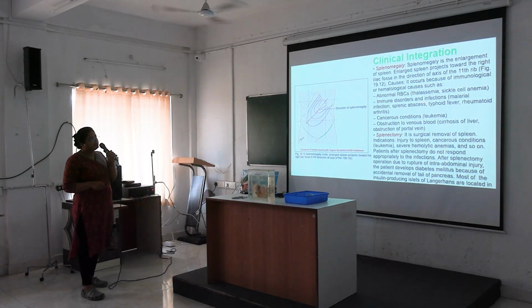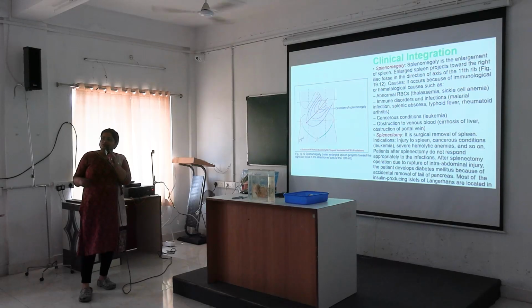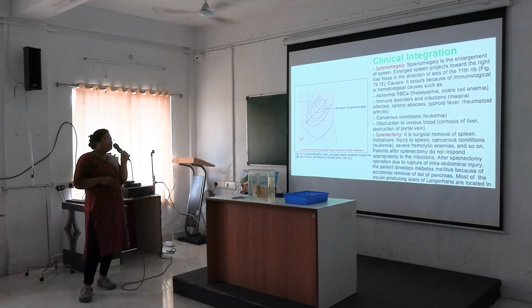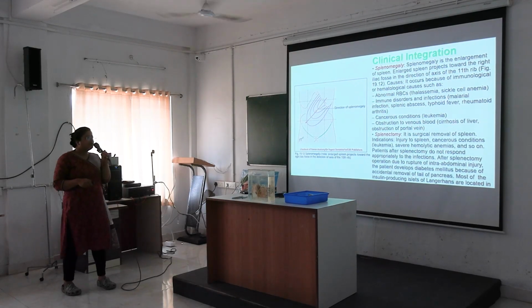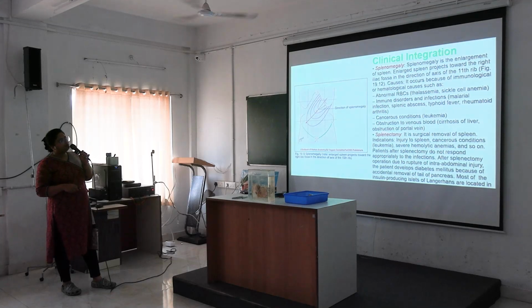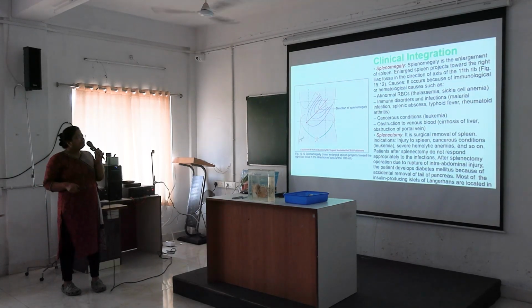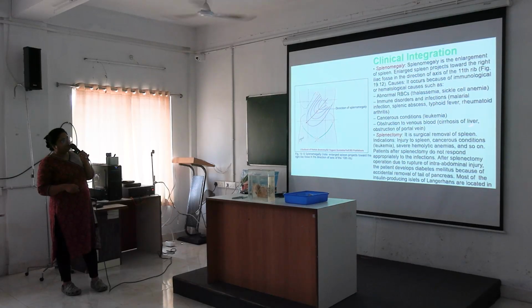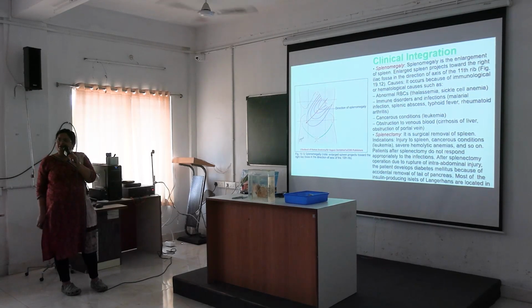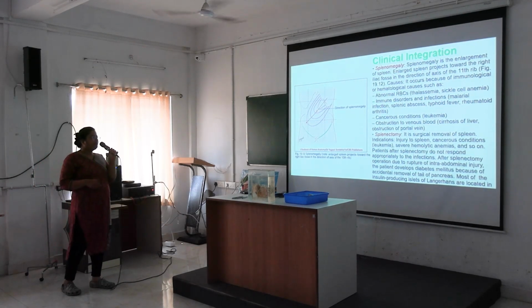In cancerous conditions like leukemia, huge enlargement will occur. Obstruction of venous blood in cirrhosis of the liver and obstruction of the portal vein can all lead to splenomegaly. Moderate enlargement occurs in cirrhosis and obstruction of the portal vein.